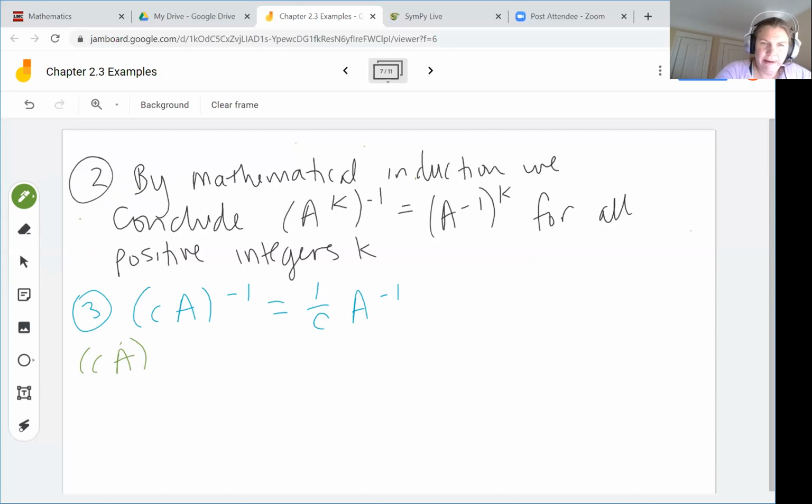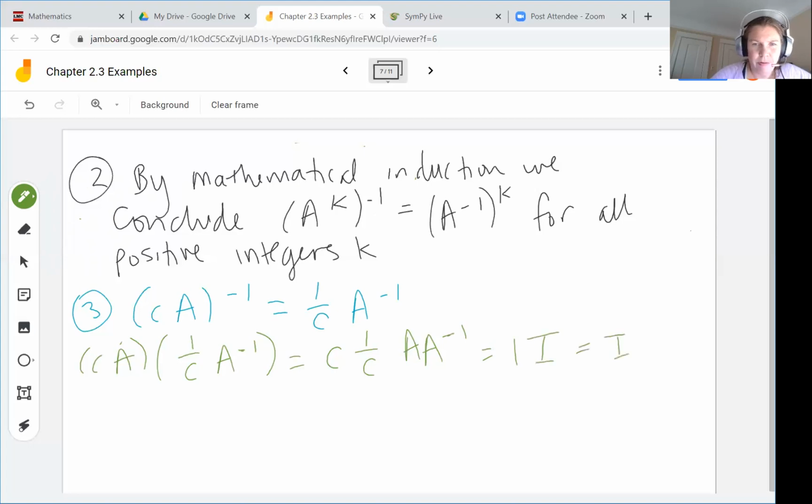So cA times 1 over c times A inverse. We can just pull the constant out front because it's a scalar. So by our scalar properties, we can say c times 1 over c times A times A inverse. And so that is 1 times the identity. The c times 1 over c gives us the 1, and the A times A inverse gives us the identity.